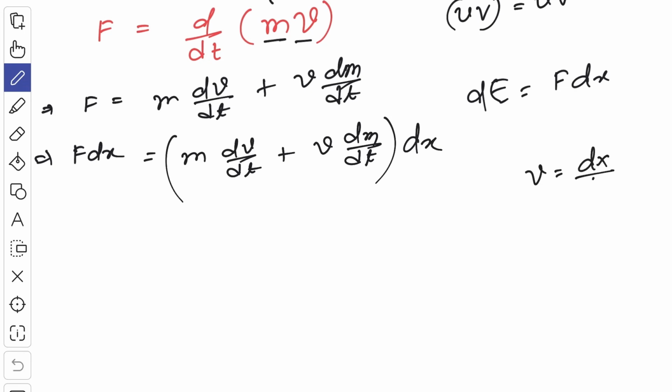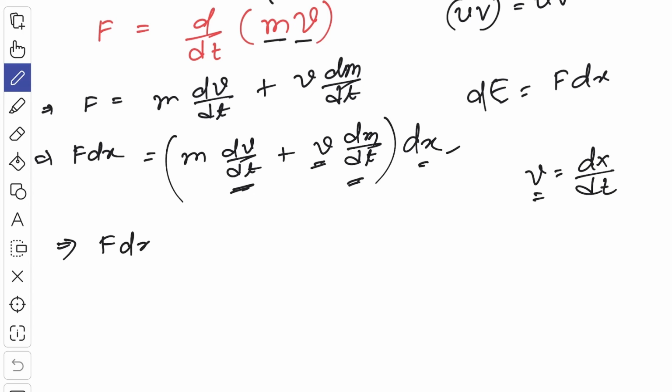As we know that v is nothing but dx by dt, from here we will get v, and then v square when dx is multiplied, and we will get m v dv.